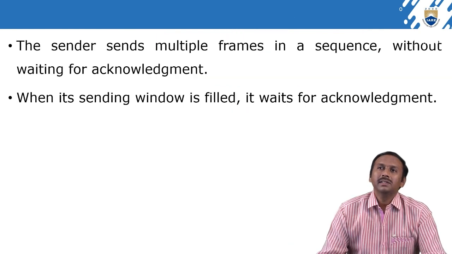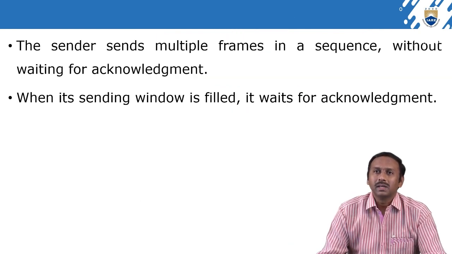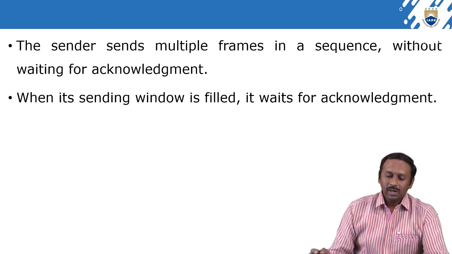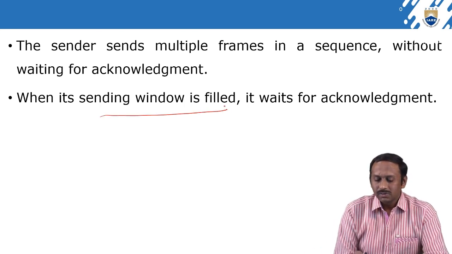Clear? The sender sends multiple frames in a sequence without waiting for acknowledgement. And when the sending window is full, it waits for an acknowledgement, right? What happens when the sending window is full?